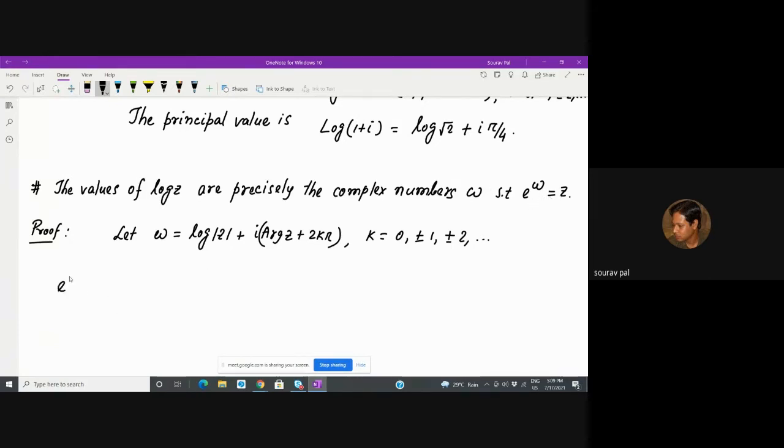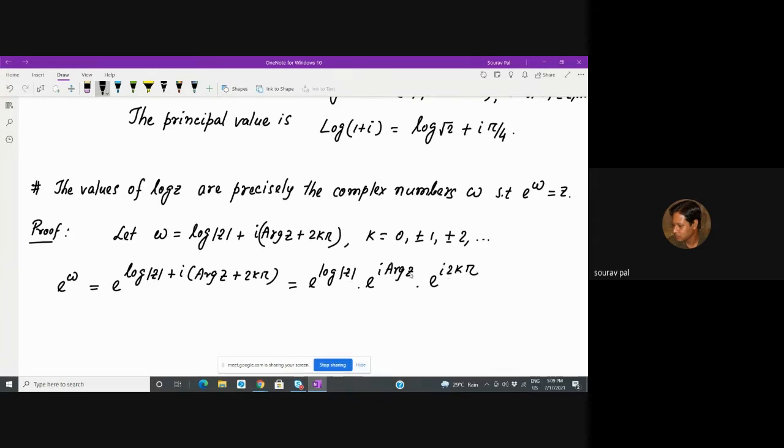And what is e to the W? By the properties of the exponential, it's additive, right? So it's e to the log mod z, times e to the i arg z, times e to the i 2k pi.